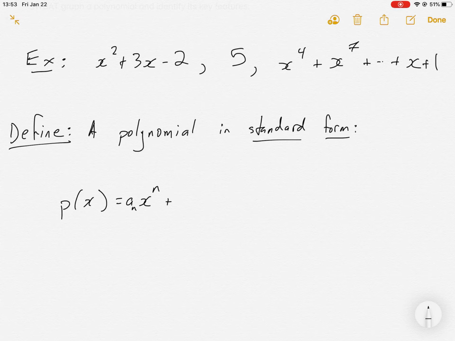And then the next highest power of x, so whatever n is, we'll just subtract 1 from it. So for example, if n was 6, then n minus 1 would be 5. And we would keep doing that until we end up with our last couple of terms, a1x, and then a sub 0 would just be our constant term.